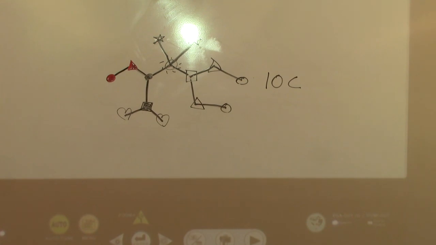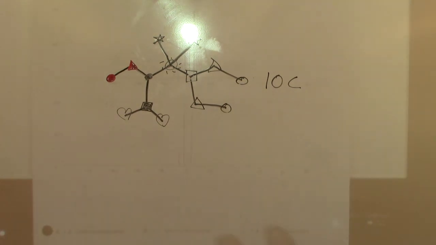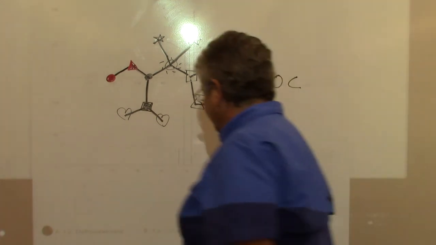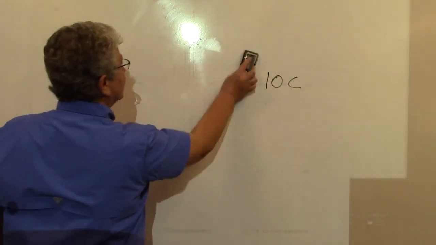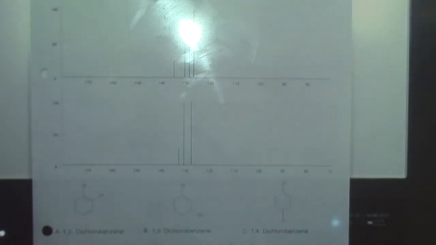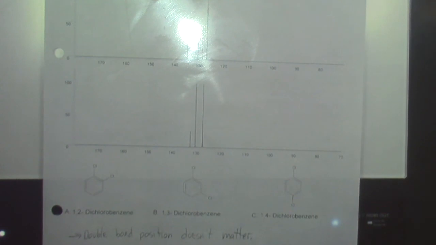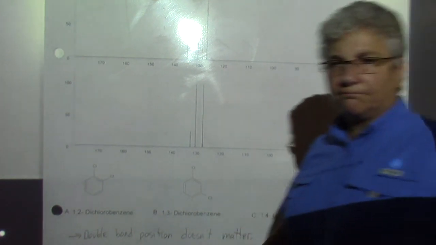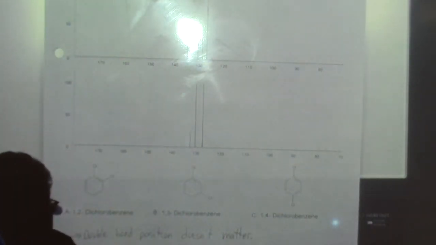Okay. Let's now go to the next page in your notebook, which starts with the aromatic ring C13 NMR spectroscopy. I'm trying to make this dark again. So you have these three spectra, and on the bottom, it's hard for me to see there, okay?